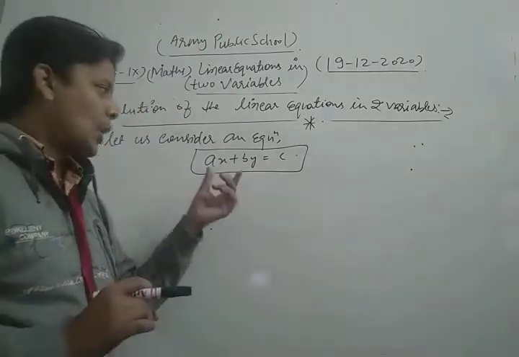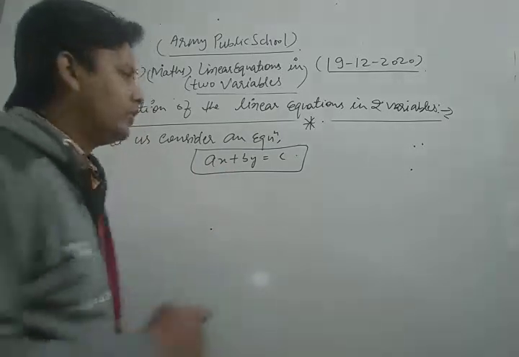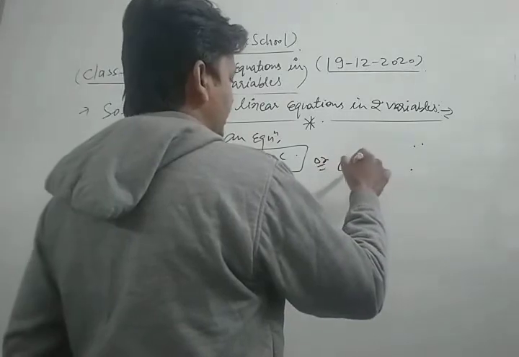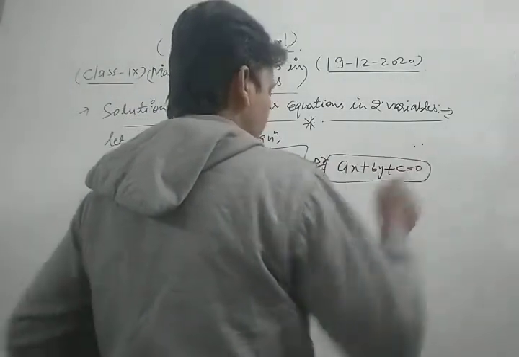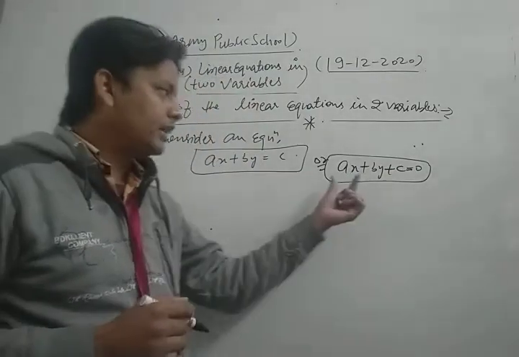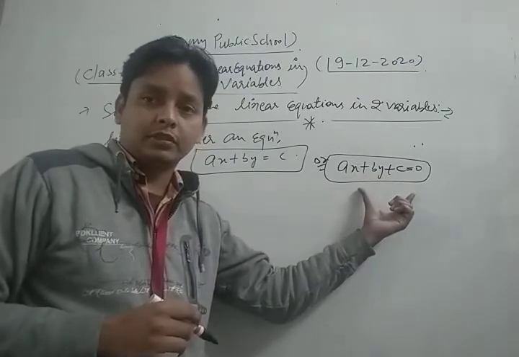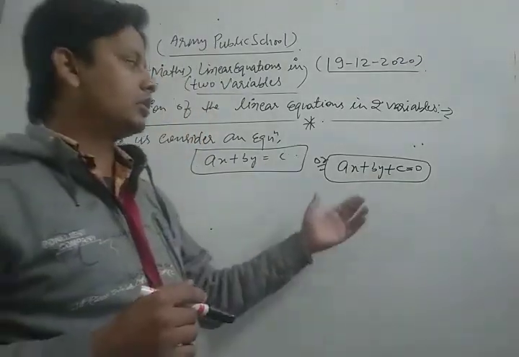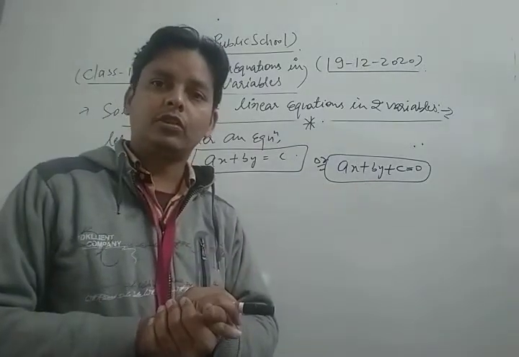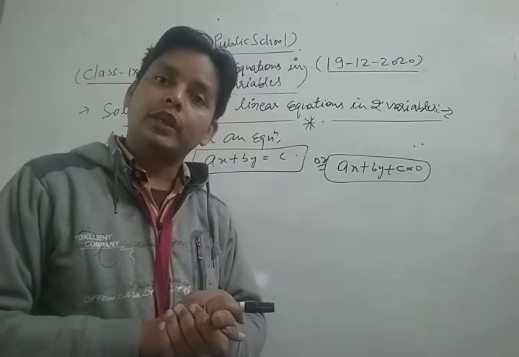Dear friends, we can also write it in this way: ax plus by plus c is equal to 0. Okay. Dear friends, the pair of values of x and y which satisfy the given equation is known as the solution of the linear equation in two variables.